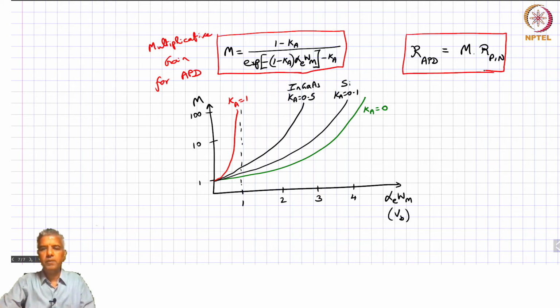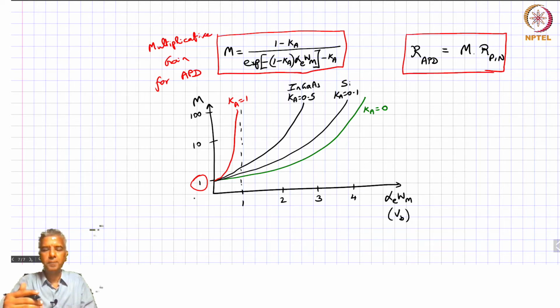So effectively, if you say VB is 0, then your gain value is 1. So if you take an APD and you do not actually provide an external bias, then it essentially works like a PIN.